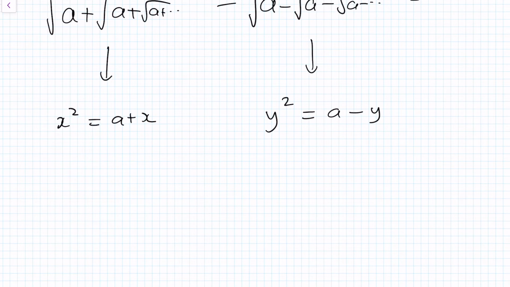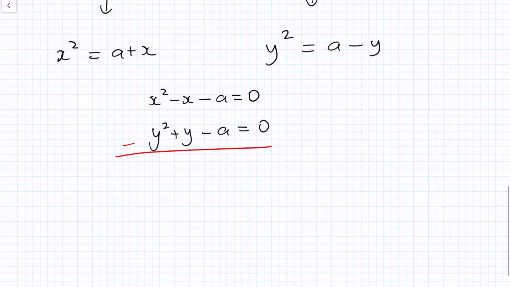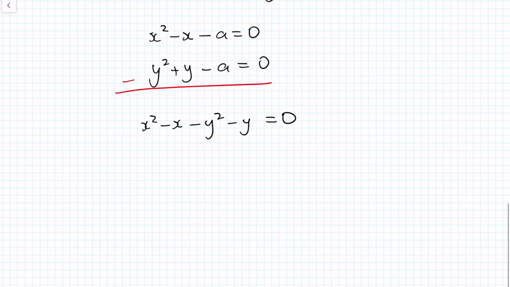So in other words, if we rearrange it, we have x squared minus x minus a is equal to 0. We will have y squared plus y minus a is equal to 0. If we subtract, we will have x squared minus x minus y squared minus y is equal to 0. The a's just cancel. That means we have x squared minus y squared is equal to x plus y.